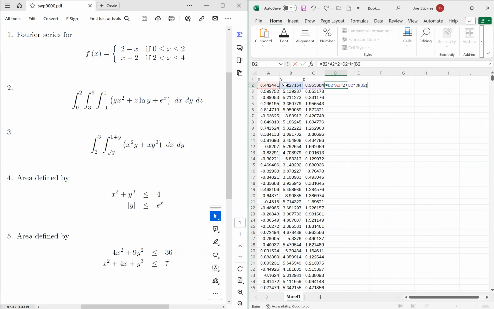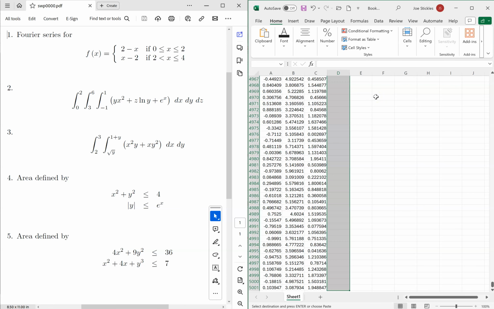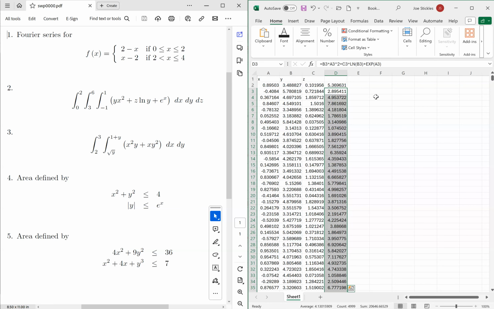So I've got C2 times natural log of B2, and then plus, we've got the exponential function evaluated at A2. Remember, exponential function again is exp. So all we've done here is just plug the point into the function. We can copy this down all the way down easily by hitting copy on D2, hit Control, Shift, End. It'll take you to the bottom of the list, and then hit enter.